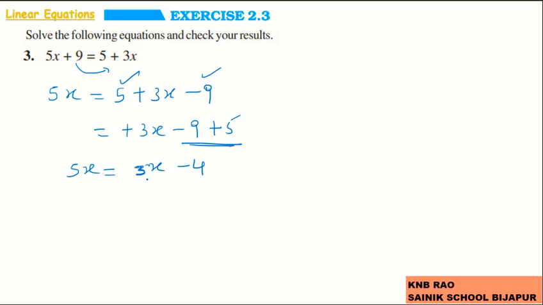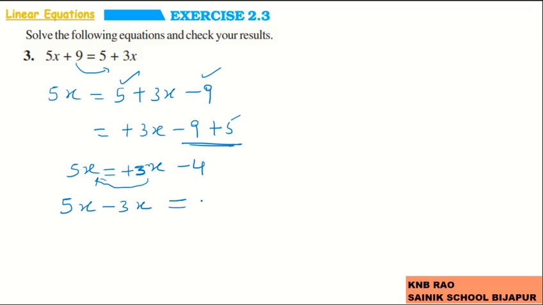Now, I will transpose this 3x variable term to the left hand side, because it is an addend, it has a plus sign. If it comes this side, it becomes the subtrahend, or with a minus sign I can say.